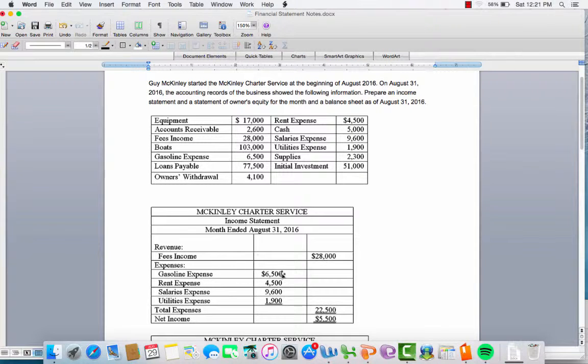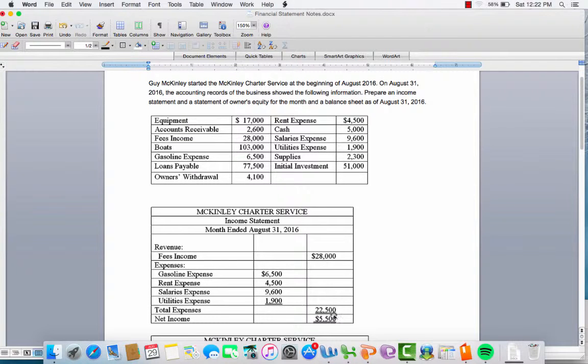Notice that was the first one we had listed there. Second, rent expense, $4,500. Put that below. Salaries expense, $9,600. And then our utilities expense, $1,900. You can see that we get our utilities expense from right up there. And it looks like Guy did this in alphabetical order, right? Gasoline, G, then R, then S, then U.